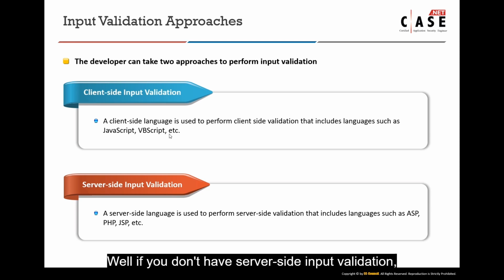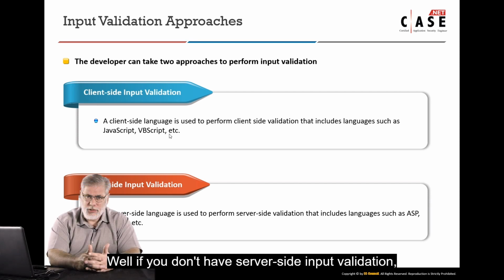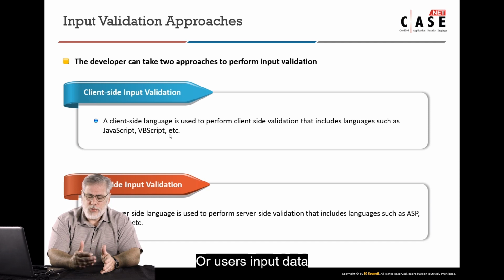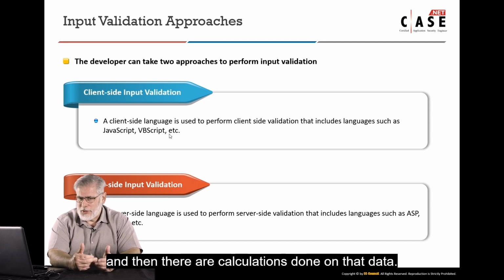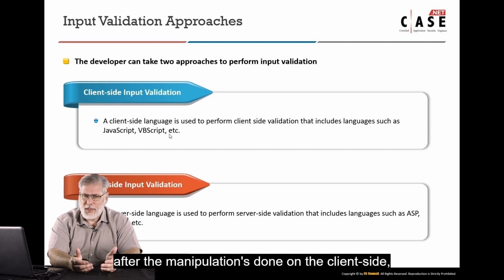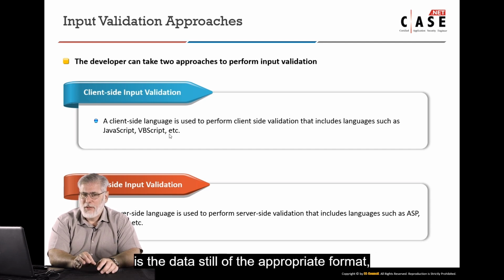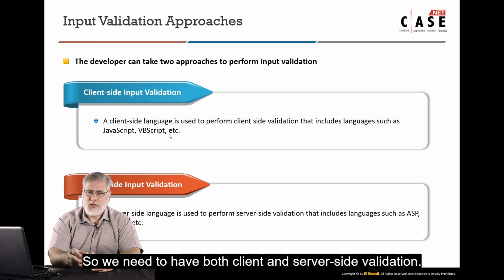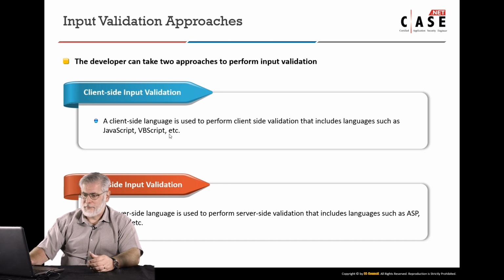Well, if you don't have server-side input validation, you have no protection against that. Or users input data and then there are calculations done on that data. After the calculations, after the manipulations done on the client side, is the data still of the appropriate format, structure, size, range, things of that nature. So we need to have both client and server-side validation.